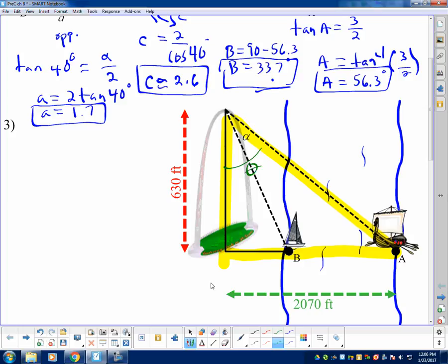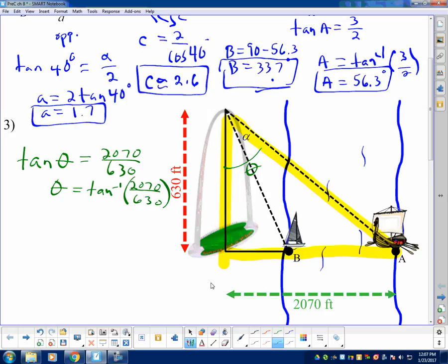Which ratio involves the 2070 and the 630 if I'm treating theta as my angle? Tangent. Tangent is kind of like rise over run in your slope. So tangent theta is equal to opposite 2070 over adjacent 630. And so theta equals inverse tangent of 2070 over 630.